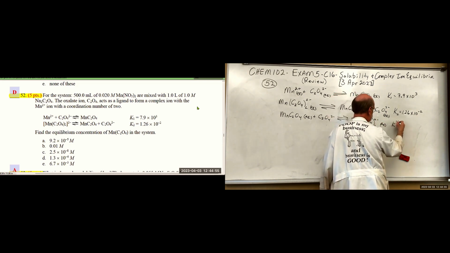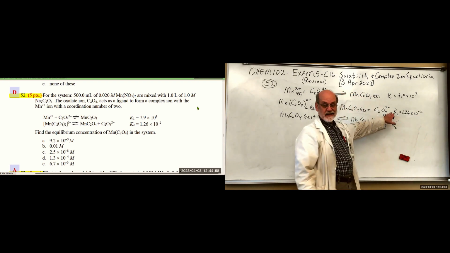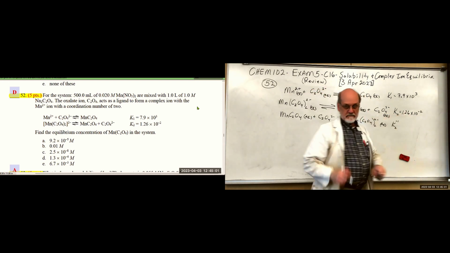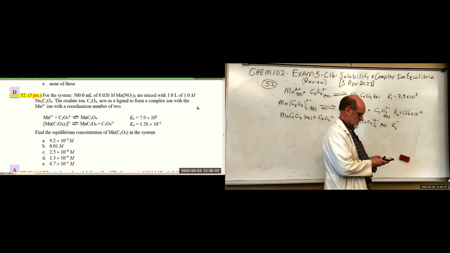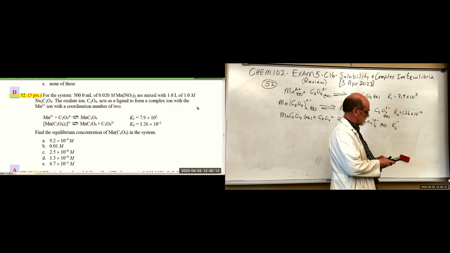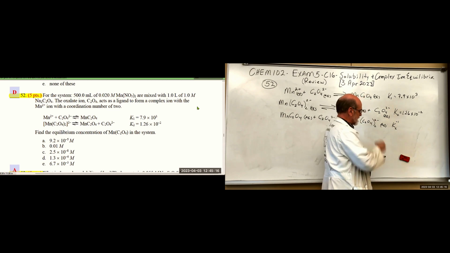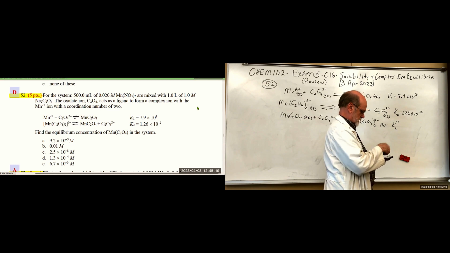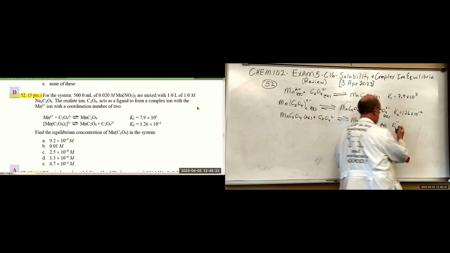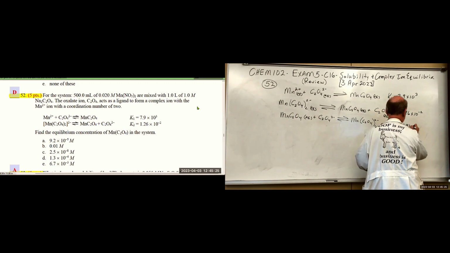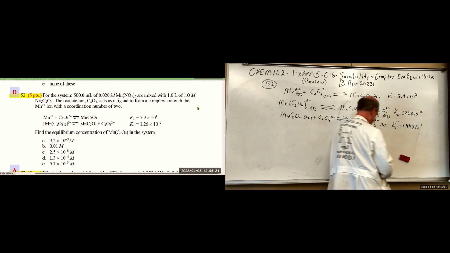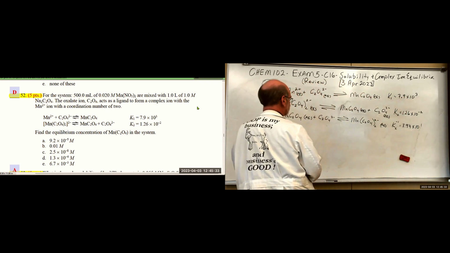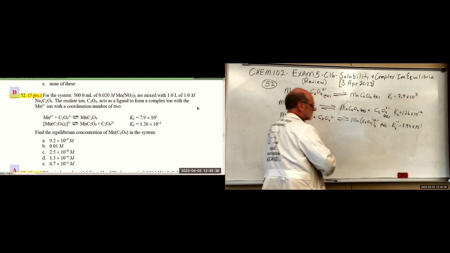Now, what's the K here? It's the inverse of that K. Right? So we just invert that number, 1.26 times 10 to the minus 2, and then invert that number: 7.94 times 10 to the first power. Okay, so the overall reaction is what?